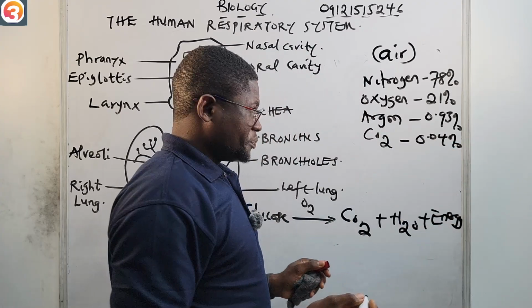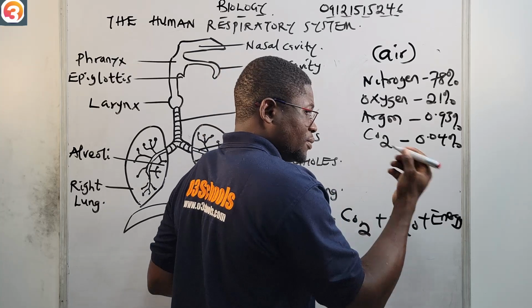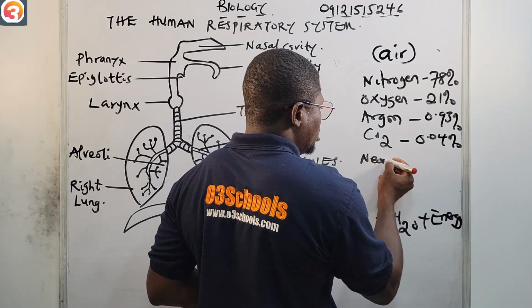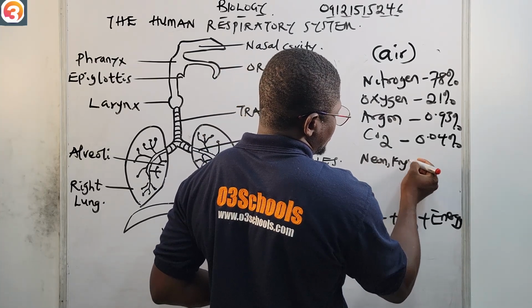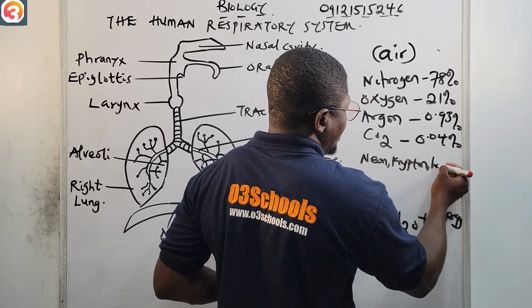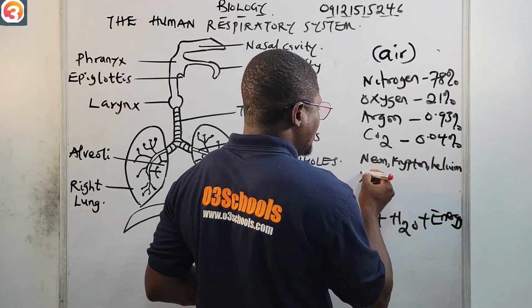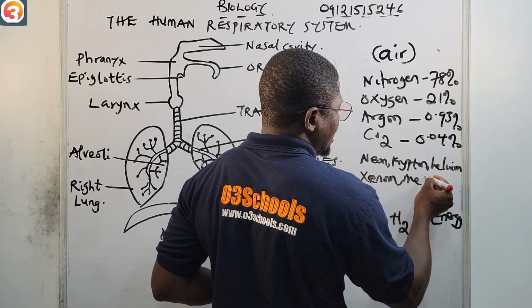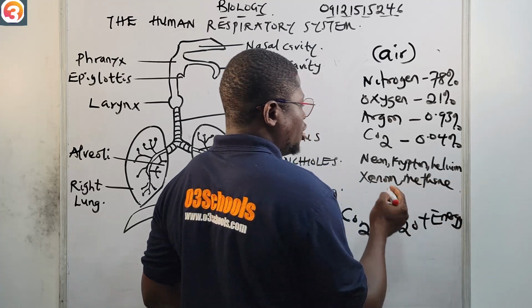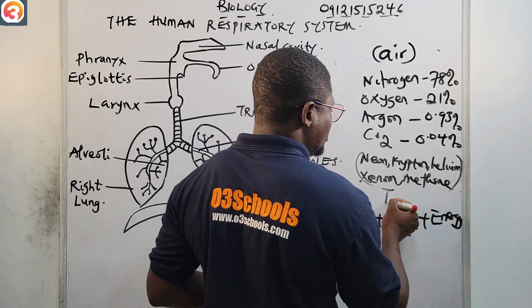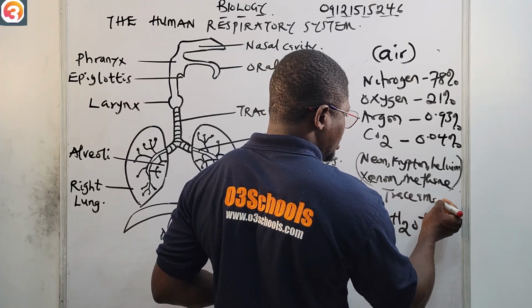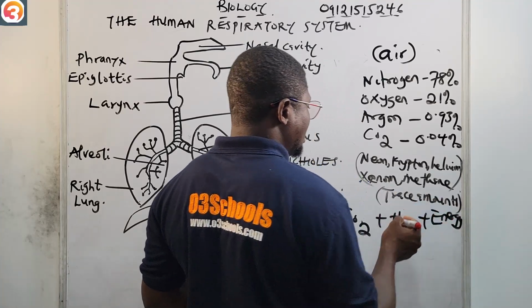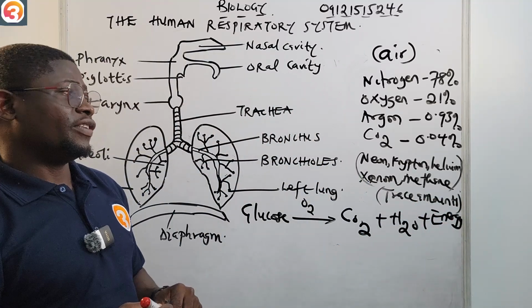We also have some gases: neon, krypton, helium, xenon, and methane, and all these are available in trace amounts. It means they are very, very small.